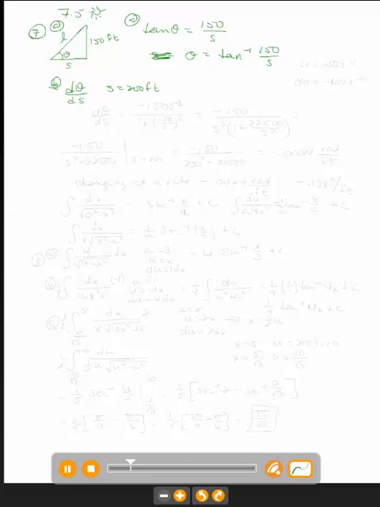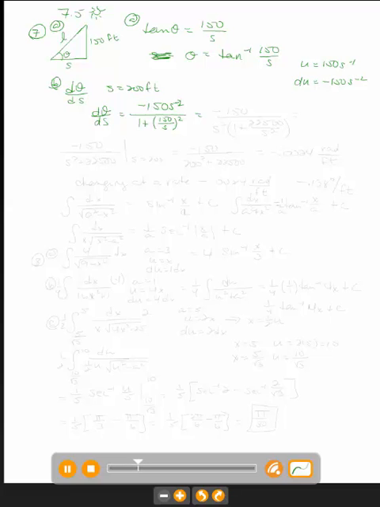Well, let's see. The derivative is going to be d theta over ds is equal to arctan. So u is 150 s to the negative 1. So du is negative 150 s to the negative 2. So that's my du, negative 150 s to the negative 2, over, arctan is 1 plus the u squared.